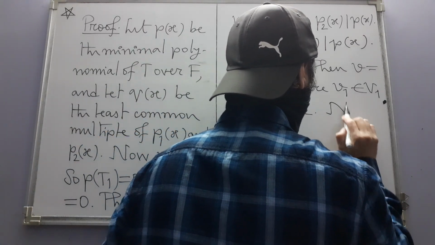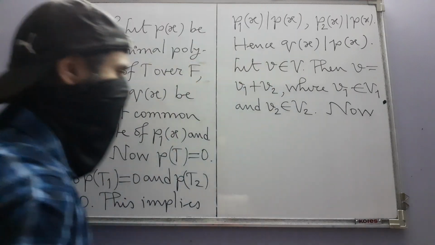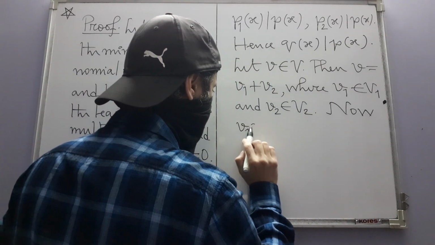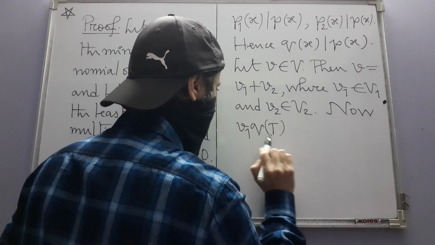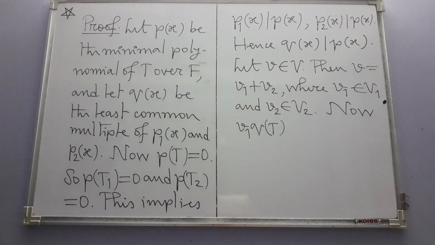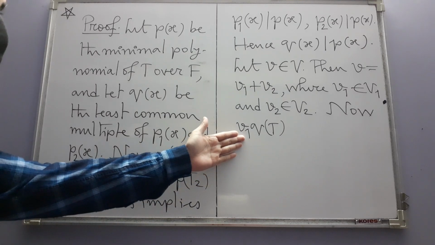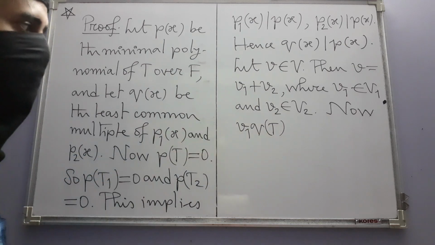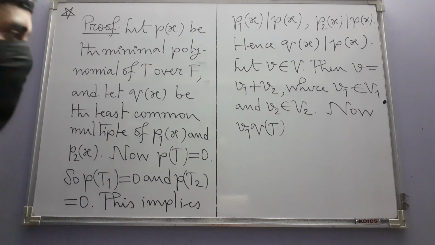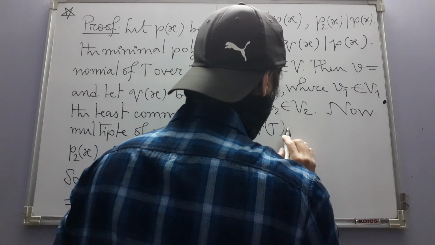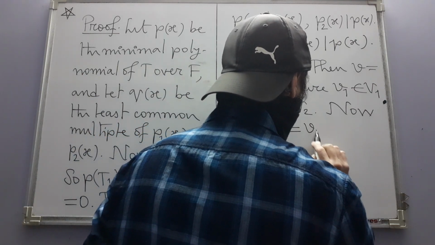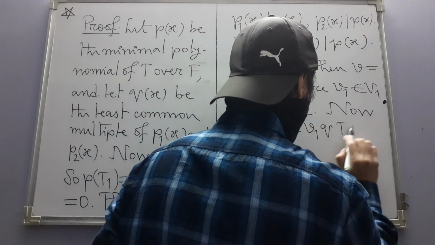Now, what do we get if we calculate the q of T image of the vector v1? We are coming to v afterwards, but let us see what this is. So this is going to be v1 q of t1.